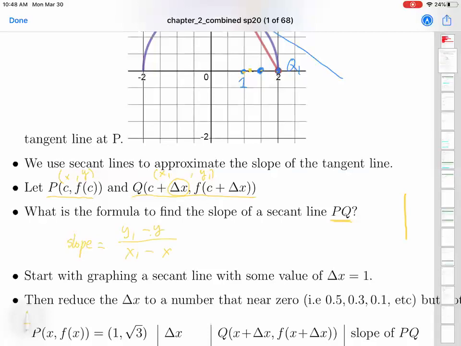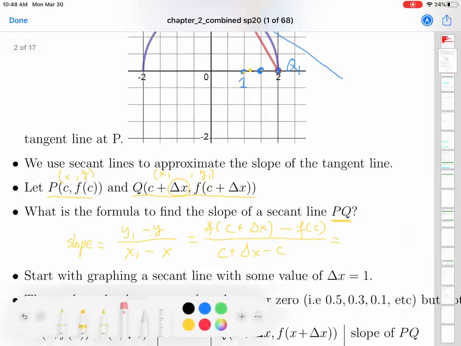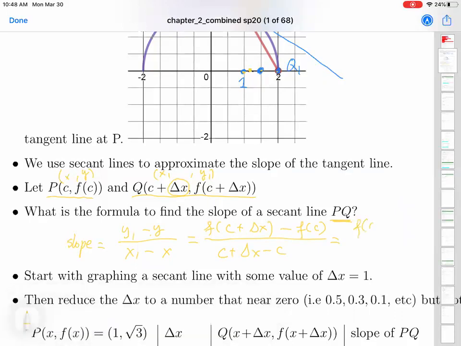It's just the difference of the Y values over the difference of the X values. So that is f of C plus delta X minus f of C, over C plus delta X minus C. The result is f of C plus delta X minus f of C, divided by delta X. This is the formula to find the slope of the secant line PQ for these two points right here.